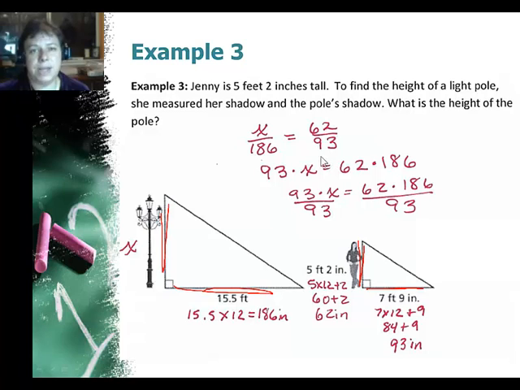Once the proportion is set up, I can cross multiply, so I get 93 times X equals 62 times 186. There could have been some simplifying done, but since we're allowed the calculator, I'm going to leave the numbers as they are. Then divide both sides by 93 to solve for X, and your calculator tells you it's 124 inches, and if you looked at it, you'd say, oh, there's 10 feet in there, 10 feet, 4 inches.